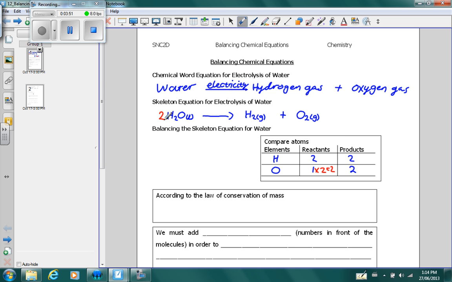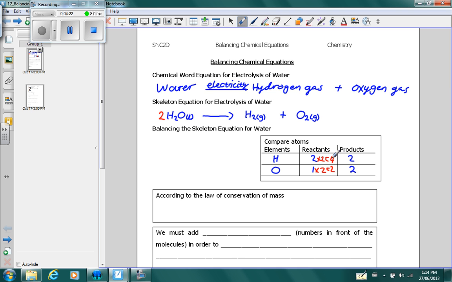But because I now have 2 water molecules over here, I've not only multiplied the oxygens, I've also multiplied the hydrogens. So I have 2 times 2 hydrogens giving me a total of 4 hydrogens here, and I can see that when I do go down to my reactant side, because I multiplied my oxygen and these are combined into one molecule, I have to multiply my hydrogens here, which gives me 4 hydrogens.